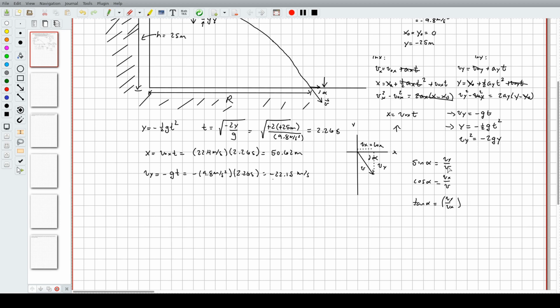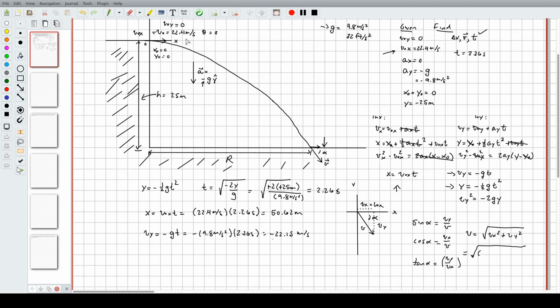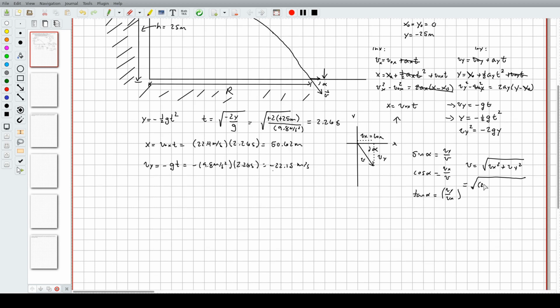So, let's go ahead and find v using the Pythagorean theorem. Then the square root of Vx, which was the same thing as V naught x, 22.4 meters per second.